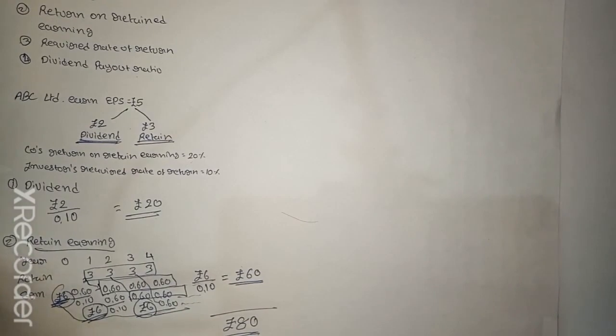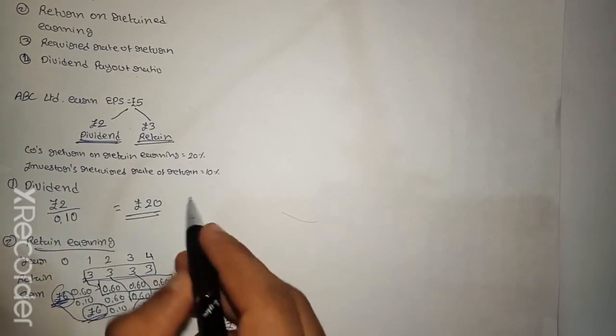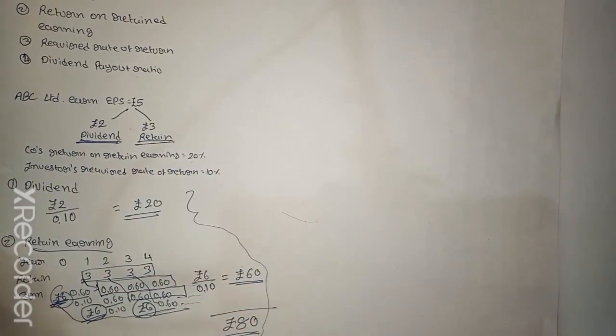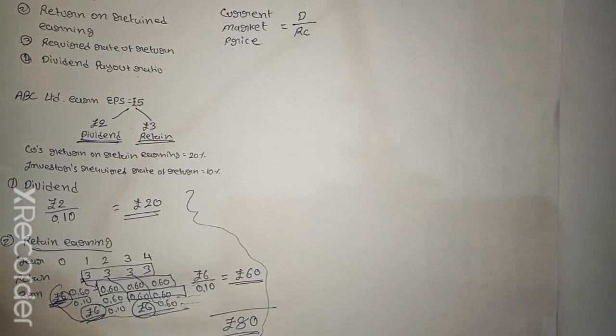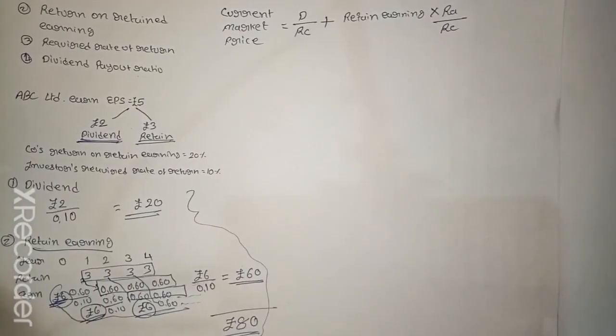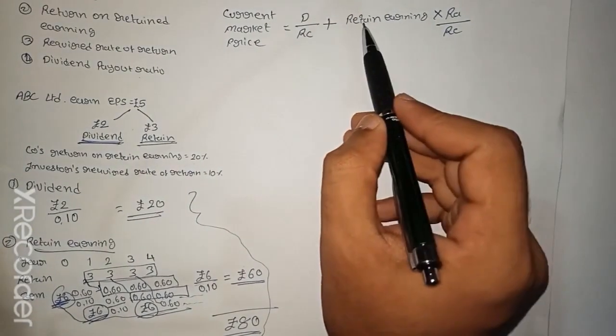Now we convert this into one formula. Can we say that current market price equals dividend divided by required rate of return, plus return on retained earning divided by required rate of return, from retained earning.